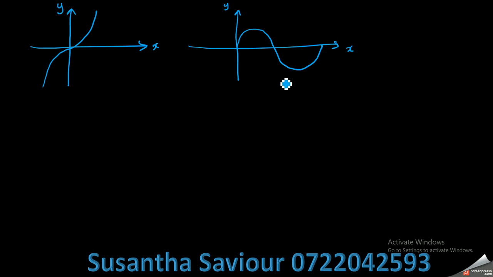There are so many relations you can graphically denote. I think this is enough. You got a fair understanding of representing a relation by a graph.